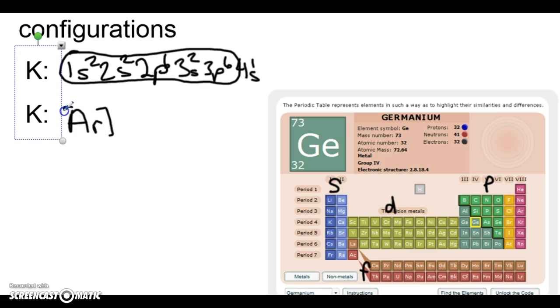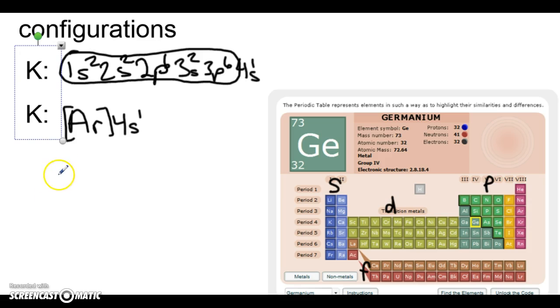You can only use a noble gas for that because you're talking about totally filled s and p shells. After argon, I talk about the valence electrons. So I've got this 4s sticking out, 4s1. That's the 18 electrons that argon has, plus 1 more that potassium has, for a total of 19.